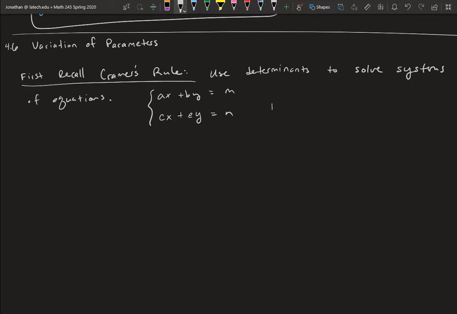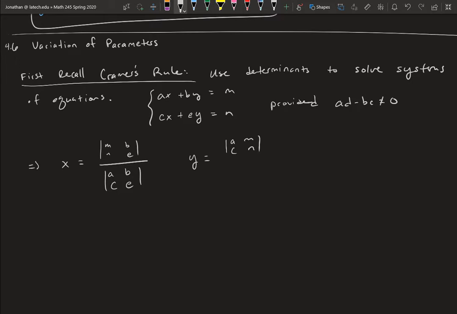So provided the system can be solved, basically saying ad minus bc is not equal to 0, basically the determinant of the left coefficient matrix would be non-zero, then Cramer's rule says that x is equal to the determinant of m, b, n, e over the determinant of a, b, c, e, and y is equal to the determinant of a, m, c, n over the determinant of a, b, c, e.